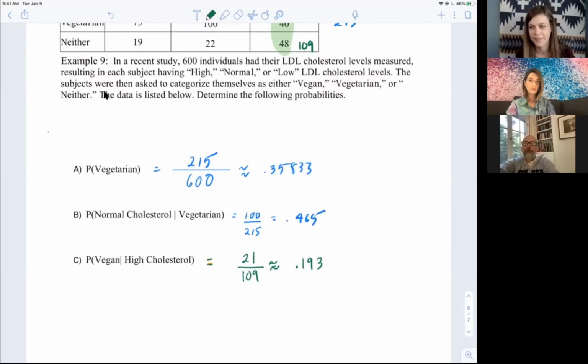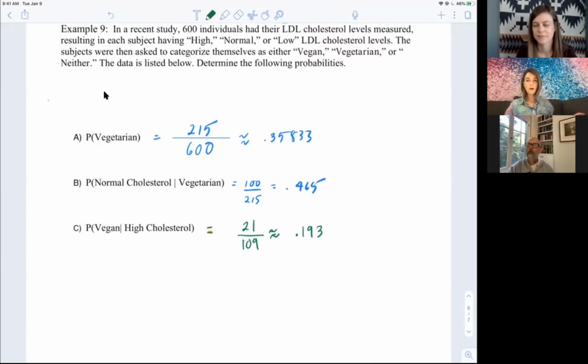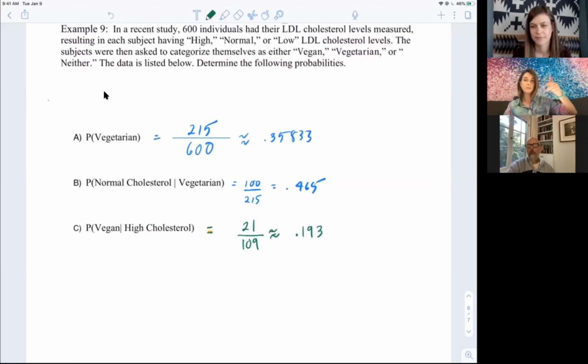Remember, a probability has to be between 0 and 100%, so in decimal form between 0 and 1. A lot of the time people will switch what should be on top and what should be on bottom. A nice red flag is if your answer comes out bigger than 1 in decimal form, that's a sign that maybe you've got them switched or something went wrong.